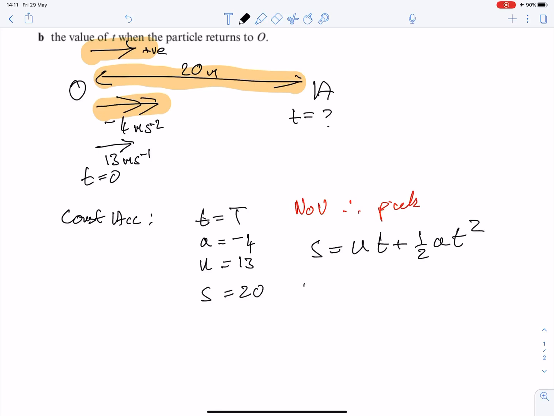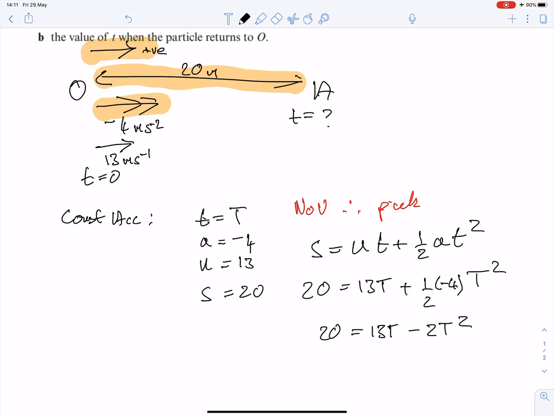Substitute in the values. 20 equals 13t minus a half. Oh, let's put the plus in. a is minus 4, and then t squared. That's a half, just let's make that clear. So we've got 20 equals 13t minus 2t squared.